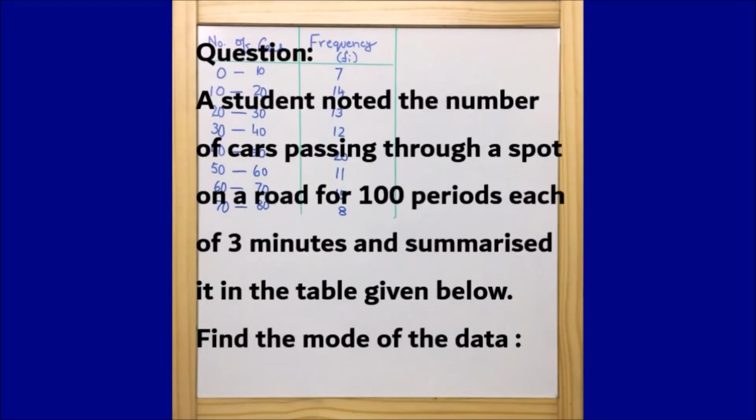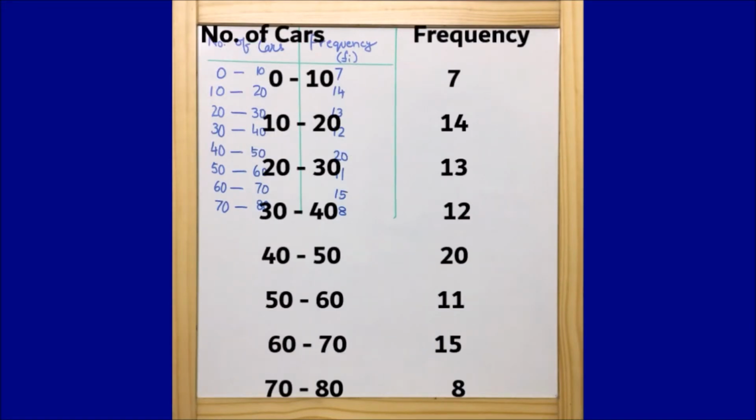The given question here is: a student noted the number of cars passing through a spot on a road for 100 periods each of 3 minutes and summarized it in the table given below. Find the mode of the data. So guys, the student found out the number of cars passing through a spot on a road for 100 periods each of 3 minutes, and they have given the data as number of cars and frequency.